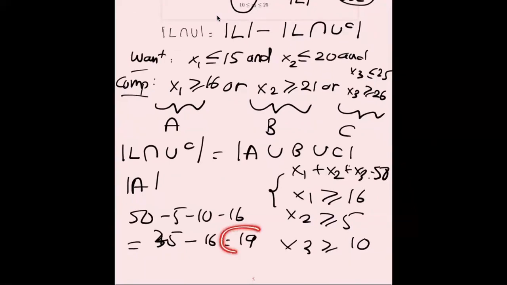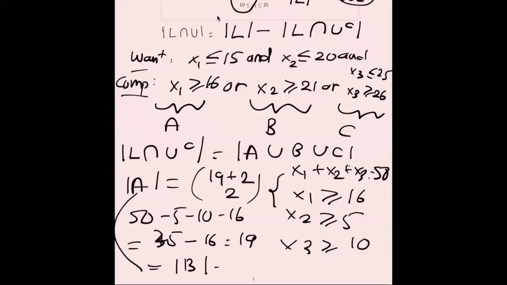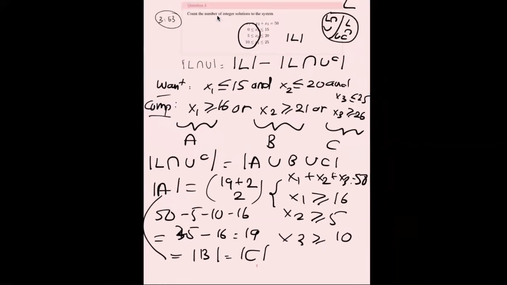So we have to distribute those 19 balls into 3 bins, which gives us 19 plus 2, choose 2. And you will get the same number for cardinality of B and cardinality of C.